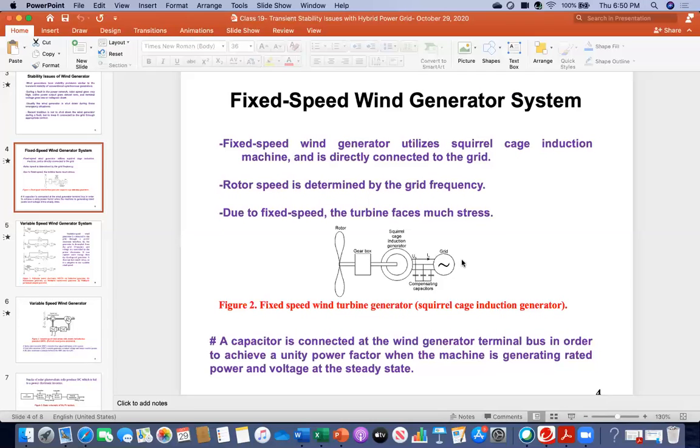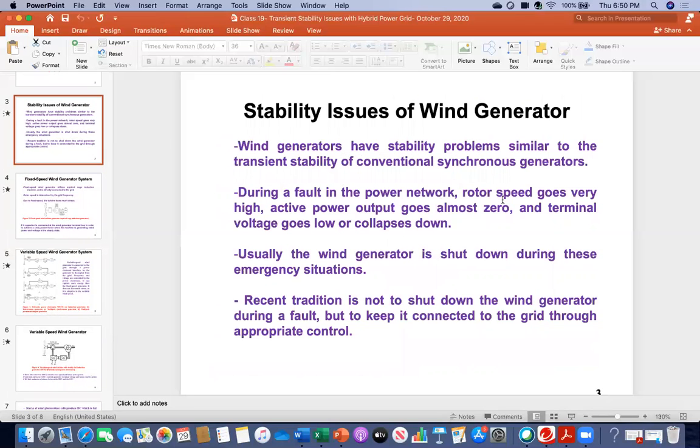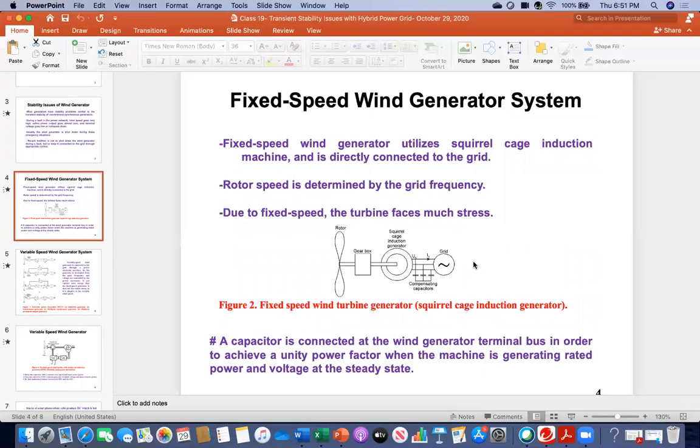So that's why during a fault in the network, the rotor speed goes very high, active power output goes almost to zero, and terminal voltage goes low or collapses. So this will be the situation for the fixed speed wind generator.